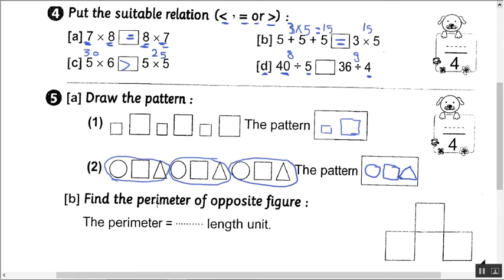Find the perimeter of the opposite figure. Here he said find the perimeter. Here we can count.